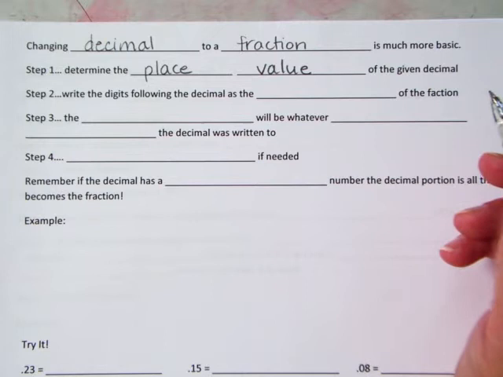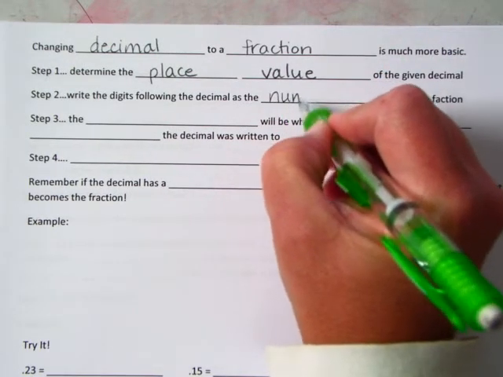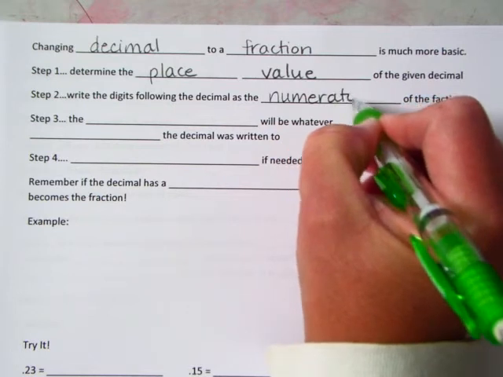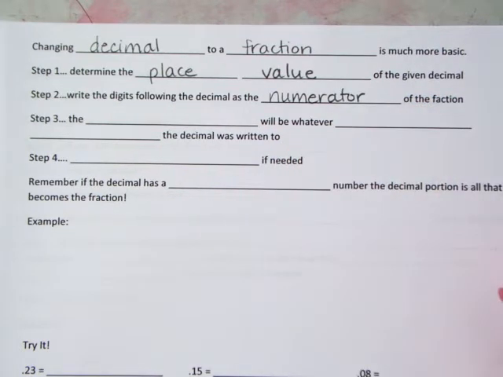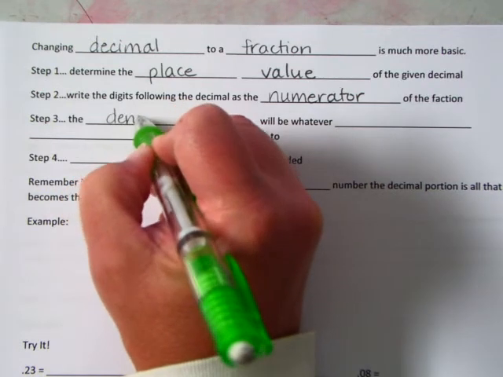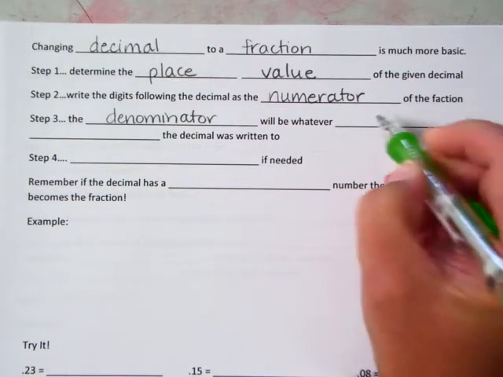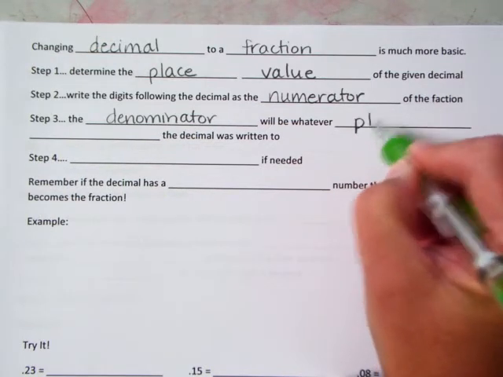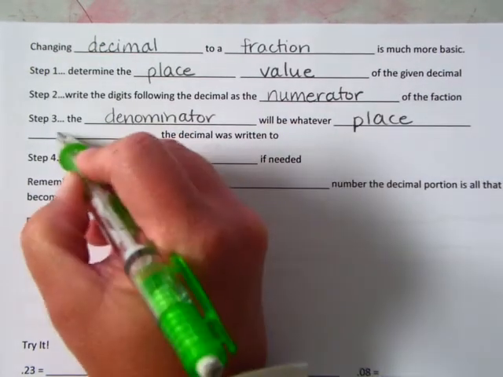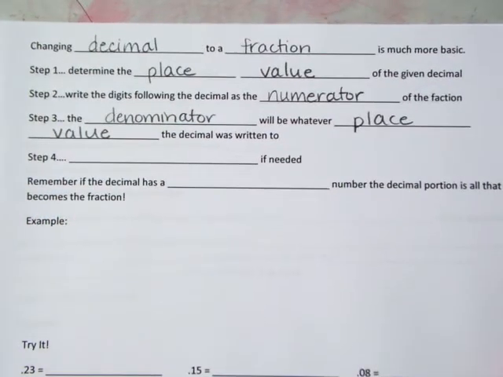Write the digits following the decimal as the numerator of the fraction. The denominator will be whatever place value the decimal was written to.